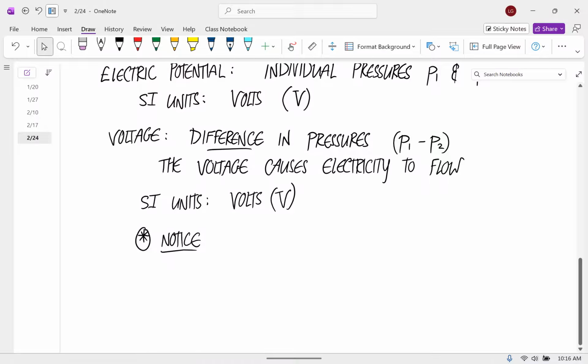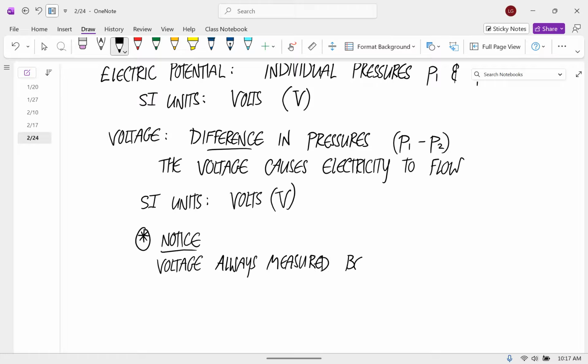Because you need to know the electric potentials at both of those two in order to subtract them and figure out what the voltage is. So notice, asking what the voltage is doesn't make sense until you choose those 2 points. So voltage is always measured between 2 points in your circuit.